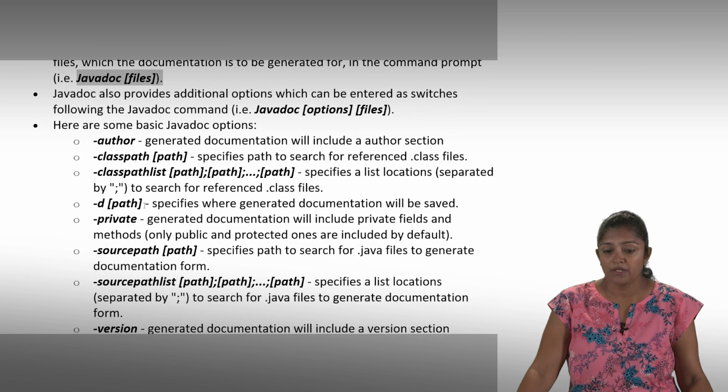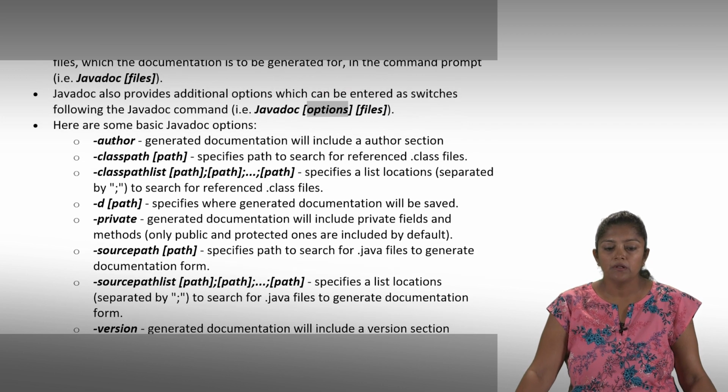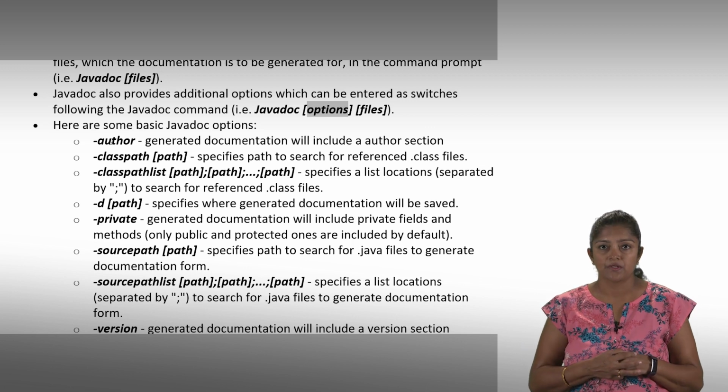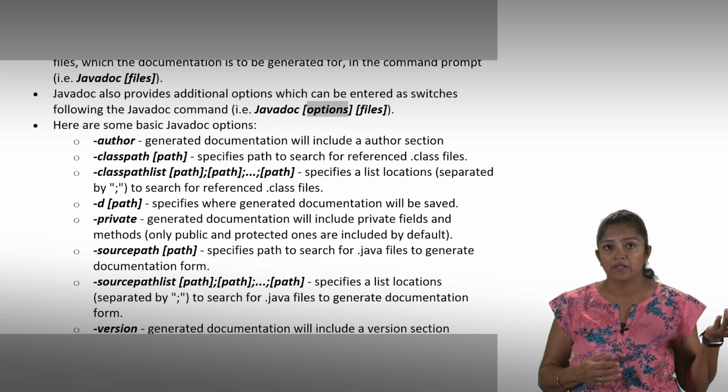Now there are also some additional options that you can provide. These are optional. If you want to specify them, you would use the command Javadoc followed by the options followed by the file names. For example, you can include or exclude certain sections in the HTML document. Say there is the author predefined tag.